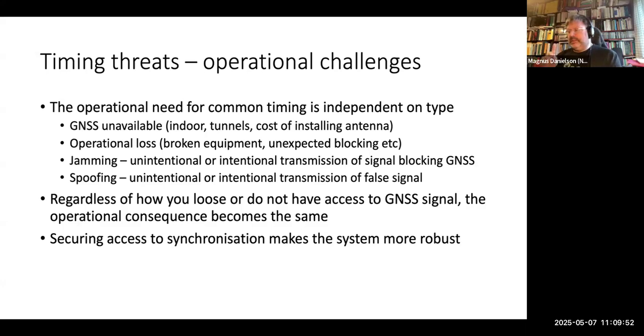GNSS is a fine signal when it's there. When it's not, you need to have a solution for it. It will have operational consequences, and essentially it's about locally or within a region turning off the money machine for an operator. That's not popular. So securing access to synchronization is something that makes the system more robust.